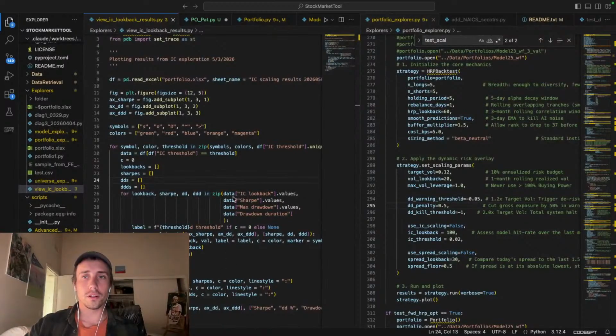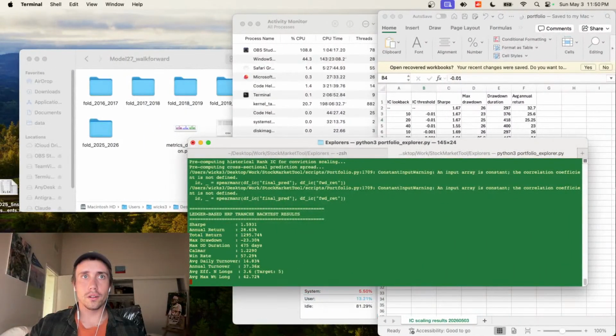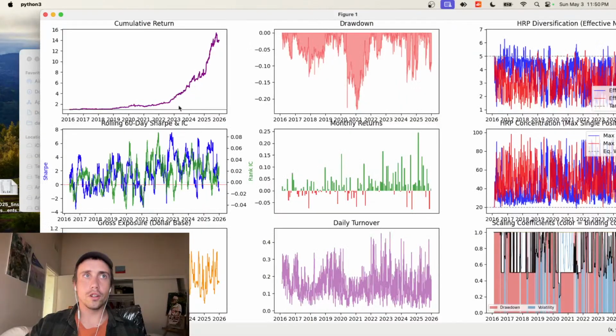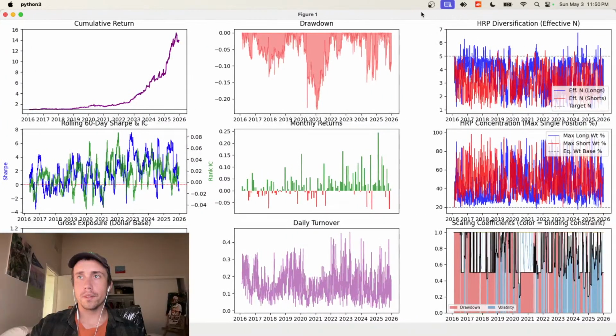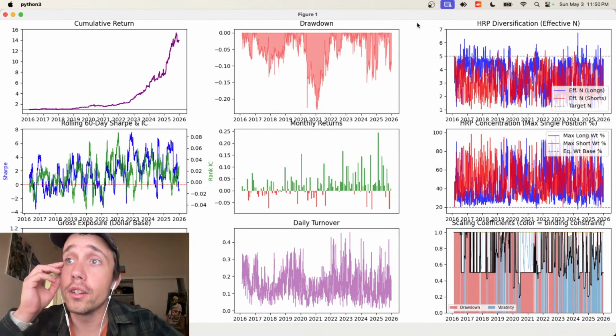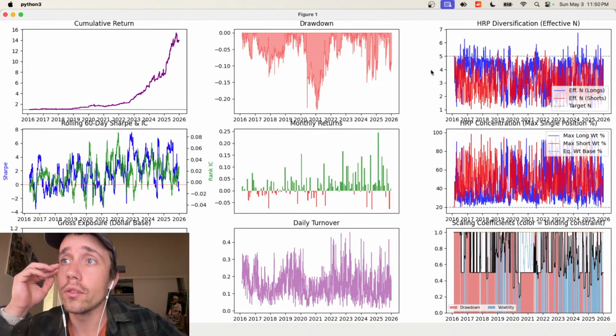So the drawdown does seem like it's a little less here. Drawdown duration is longer, so I'm cutting the exposure you see here. Oh, it's just penalizing drawdowns more intensely, actually.